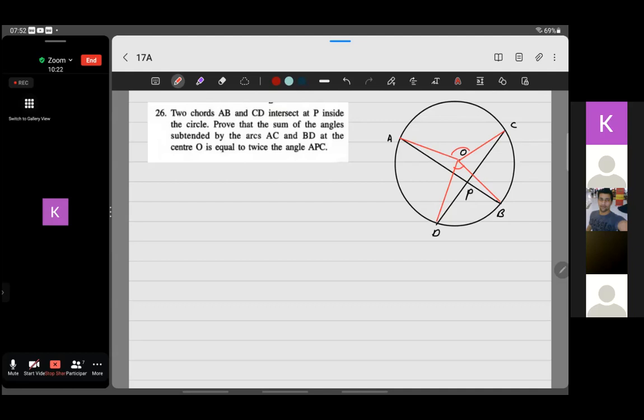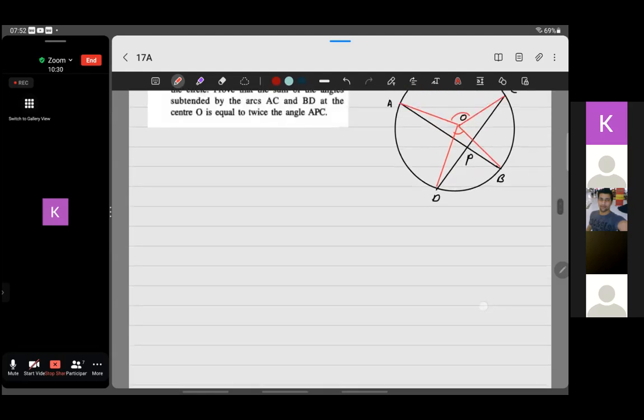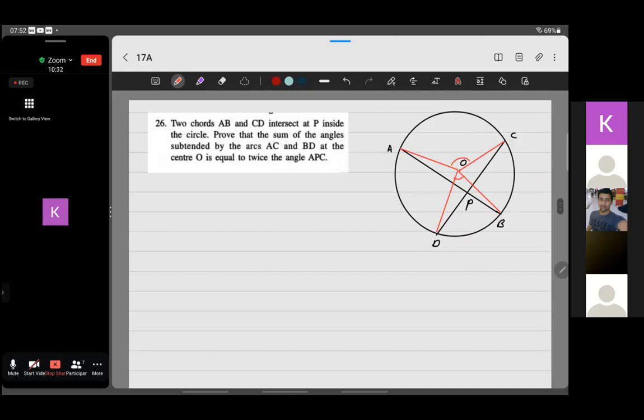अच्छा, यू हैव द सेम क्वेश्चन क्या 26 में? प्लीज लेट मी नो. हाँ, बिकॉज माय दिस बुक वाज ओल्ड. You have the same question? I have the question, but this book is old.